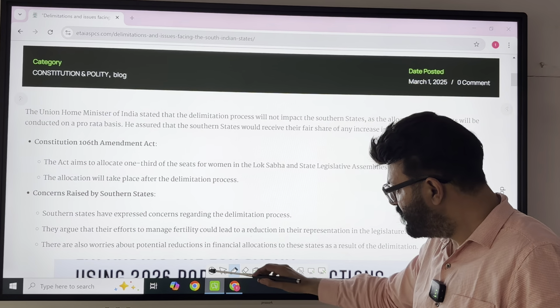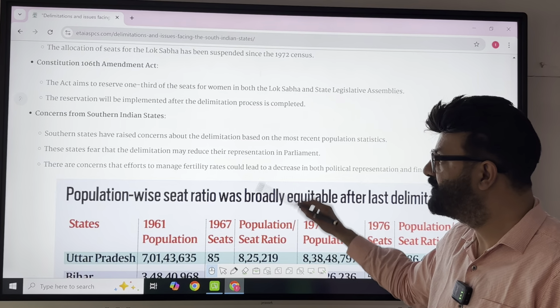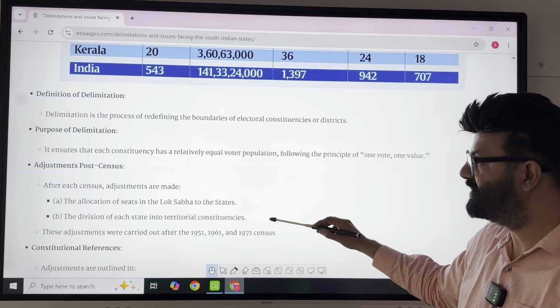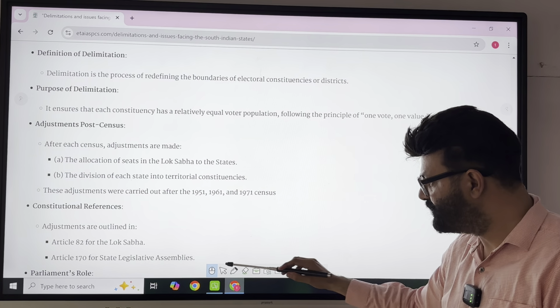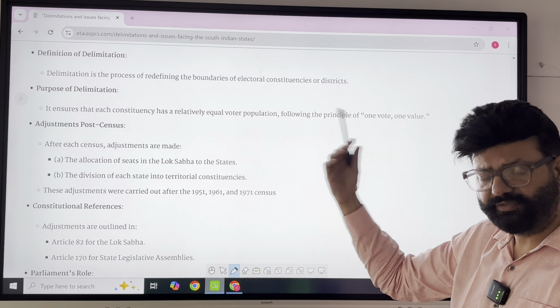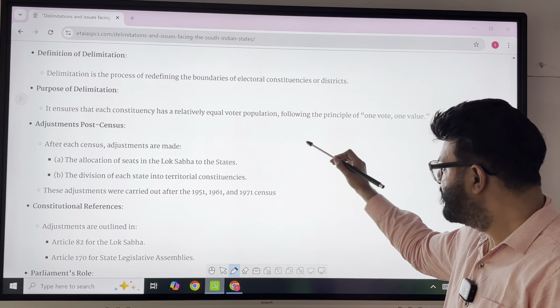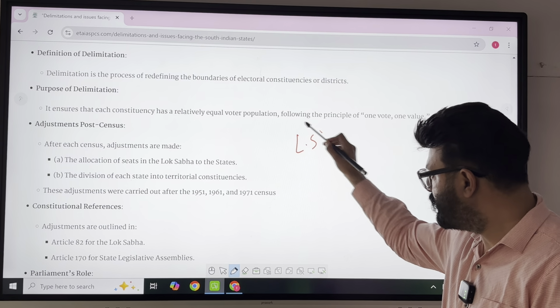Now, first and foremost, we must know what delimitation is. Currently, if you have read polity, or even if you haven't read it, we will try to help you understand. In India, in the Lok Sabha, how many seats are there?